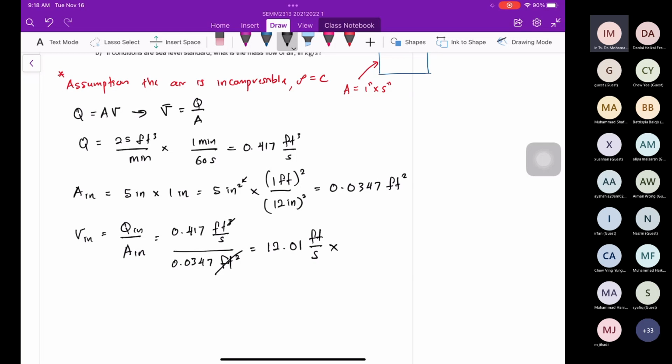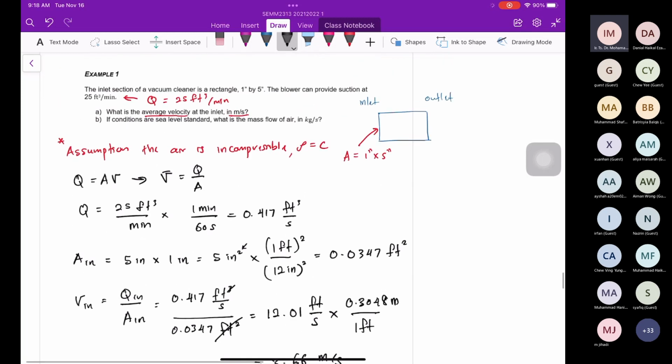Now I want to change feet into meter. So 1 foot equal to 0.3048 meter. So I will get 3.66 meter per second. This basically involves unit conversion.